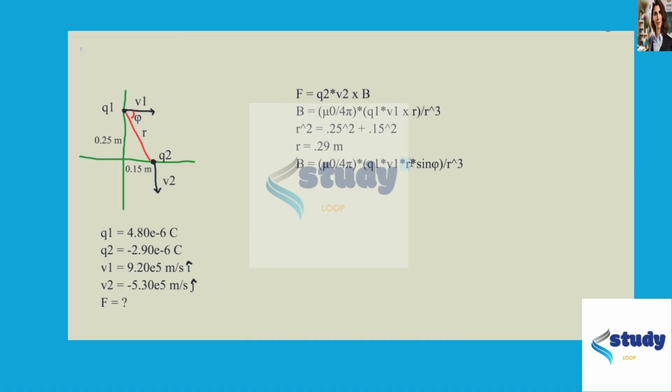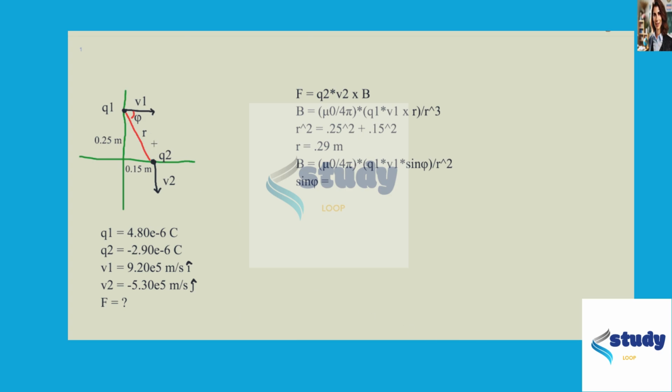So I'm just going to cancel out one of these factors and turn this into r squared, just while we have it here. So now we need to know what sine of phi is. Well, if you look at this angle, we could make another triangle by just drawing a line right over here. So this makes a triangle.